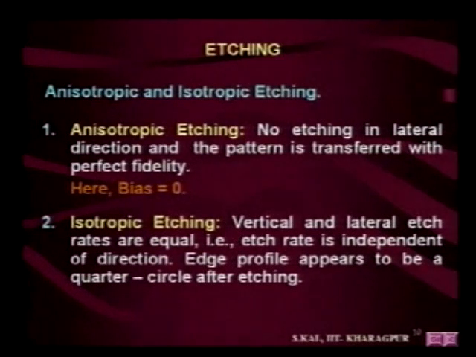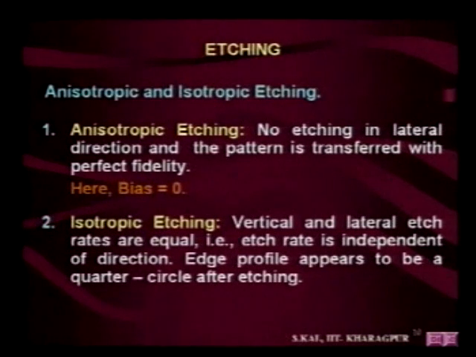In ideal anisotropic etching, there is no etching in the lateral direction. The pattern is transferred with perfect fidelity. That means there should not be any lateral etch. The etch is only in the vertical direction. Etch rate in the vertical direction is maximum, and etch rate in the lateral direction is 0. That is anisotropic etching.